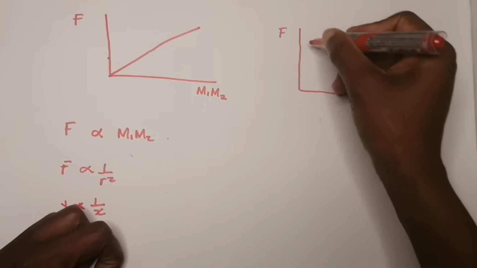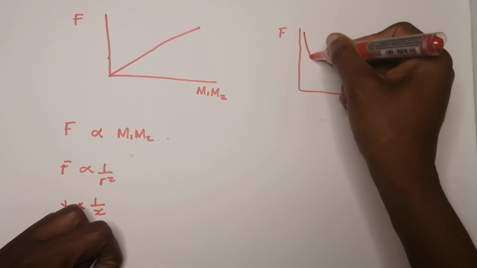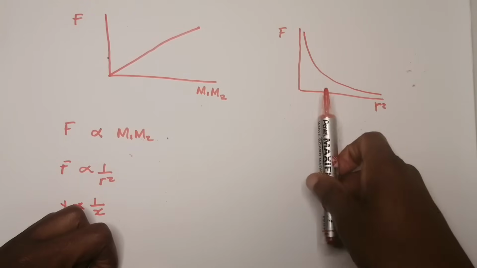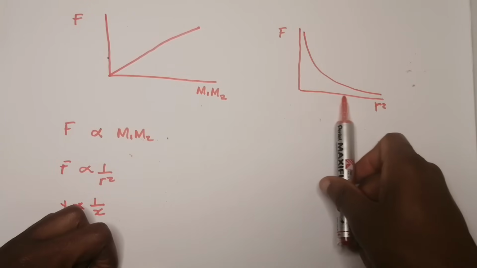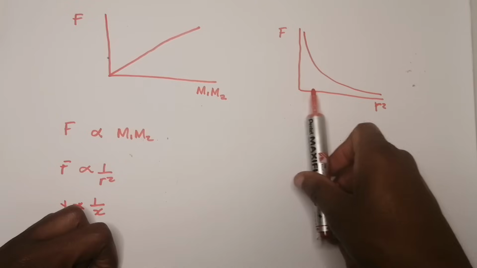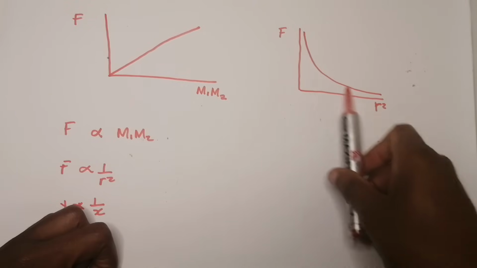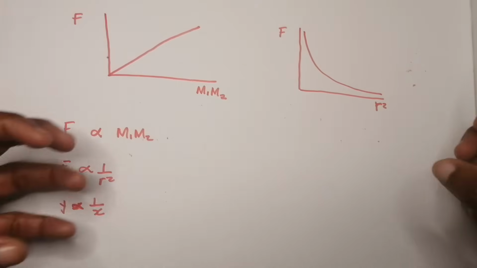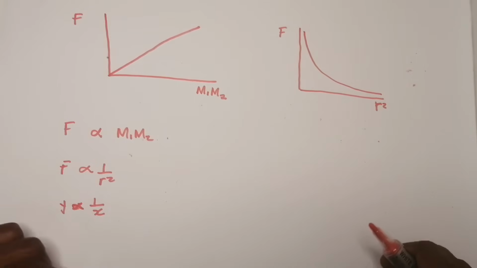So I would obtain a graph that looks something like this, and it does make sense. The greater the distance between the two objects, what happens to the force? The force decreases. The further they are apart, the smaller that force becomes.